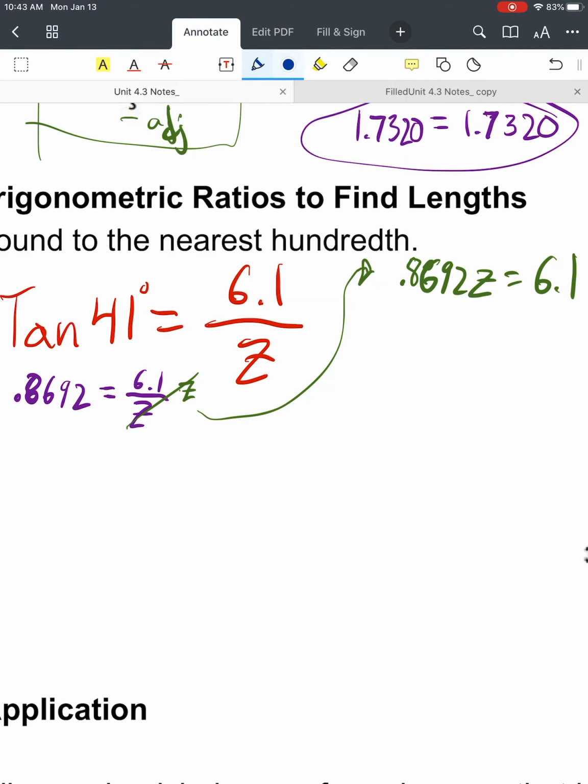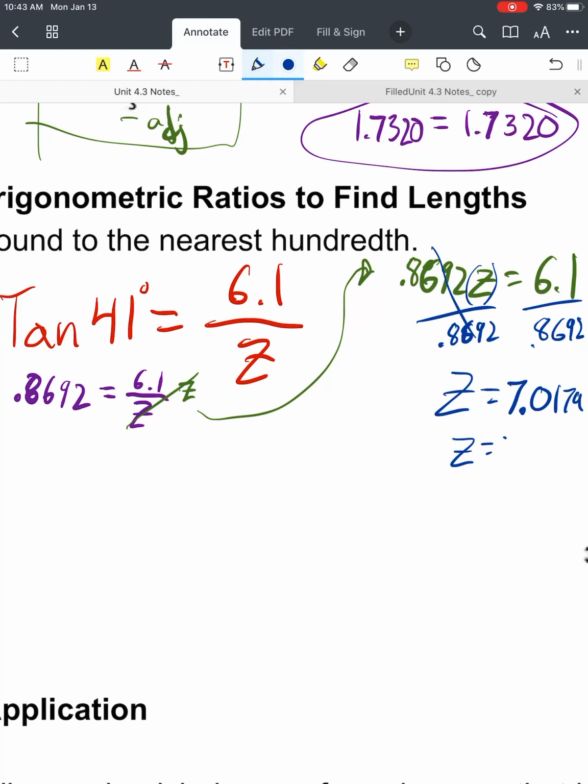In order to get Z by itself, we're going to divide both sides by that decimal. And our Z equals 7.0179. Let's just round this, because it says to the nearest hundredth, which is 2 decimal places.